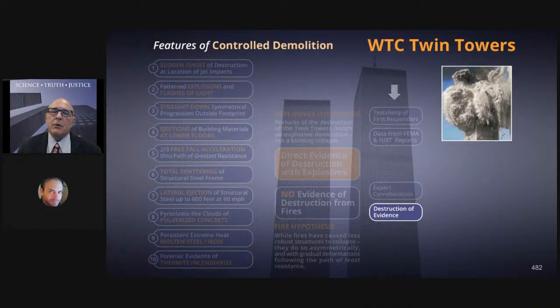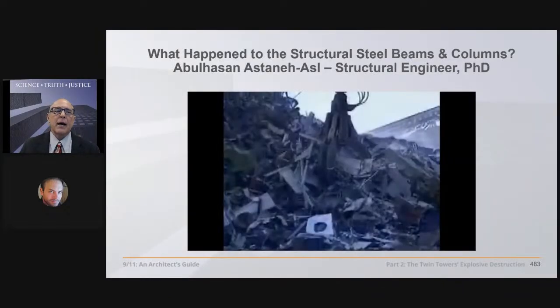Surely, though, the evidence would have been preserved in easily the three most puzzling structural failures in modern history, so they could do forensic analysis on it in detail. But let's listen to Abulhassan Nastani, also who had a National Science Foundation grant as a structural engineer to study the steel.